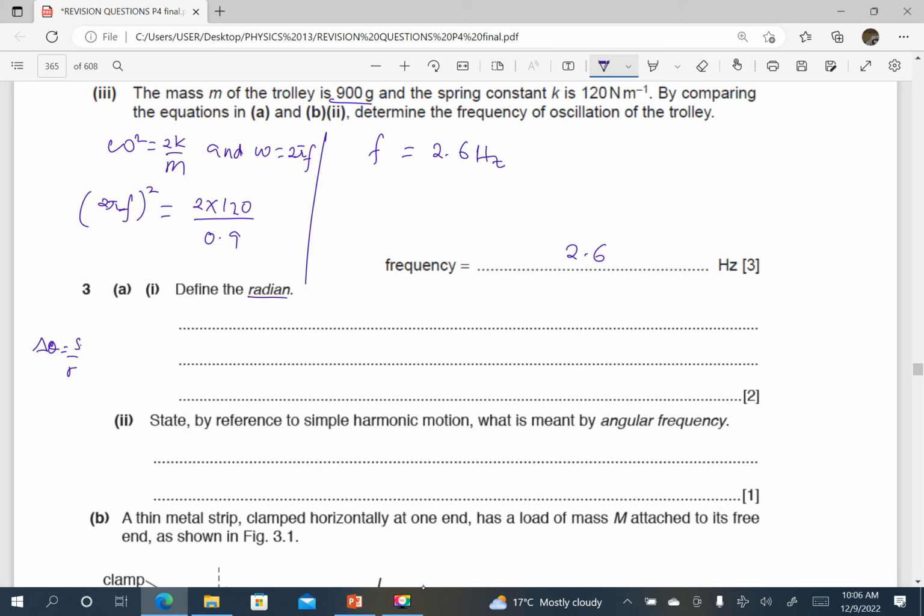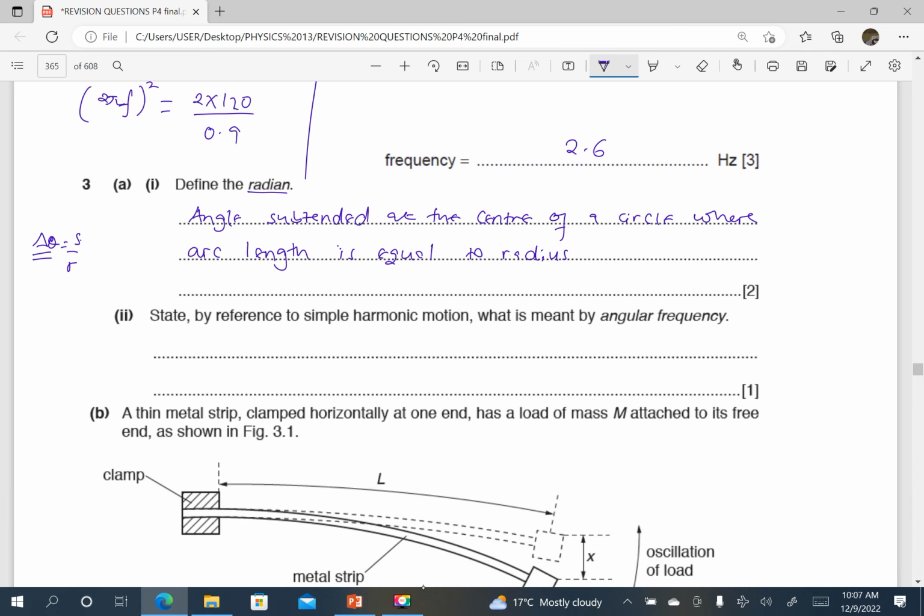If s and r are equal, then delta theta is 1 radian.